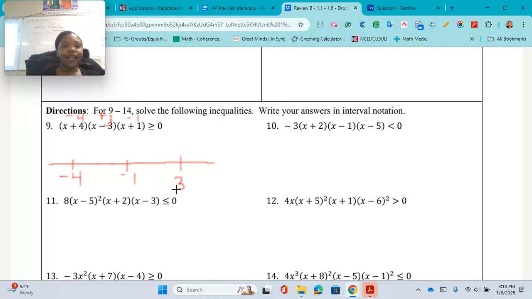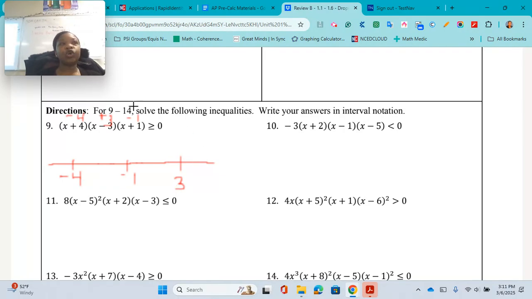All right. And we could actually base this off of what we know about polynomials. What is the degree of this polynomial? 3. That tells me that the degree is odd, so it's going to be opposite sides for our end behavior. How about the leading coefficient? Positive.